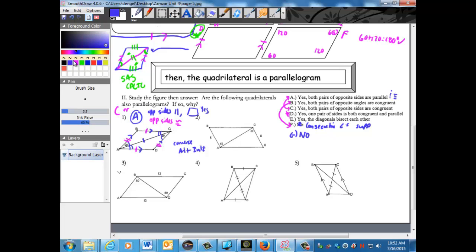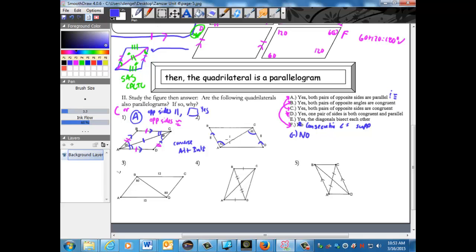All right, we're going to do the same for this next drawing. Again, let's put a mark at 62 and 62. That sets up alternate interior angles. That means that it touches segment CD, and this angle will touch segment AB. That means that AB is parallel to CD.